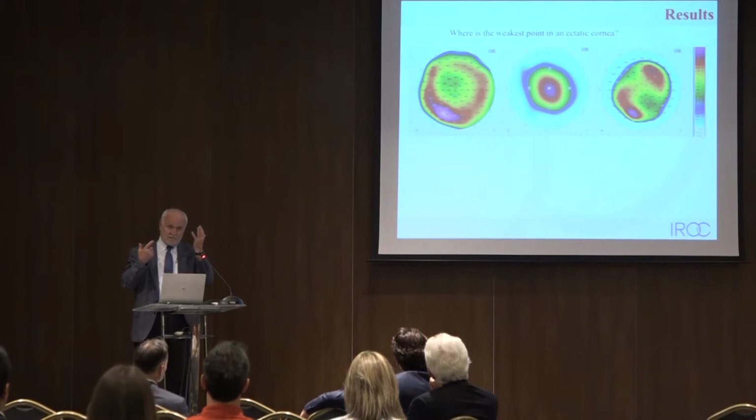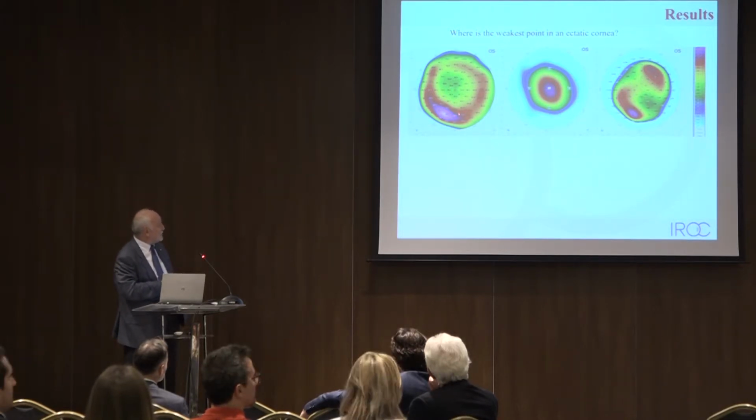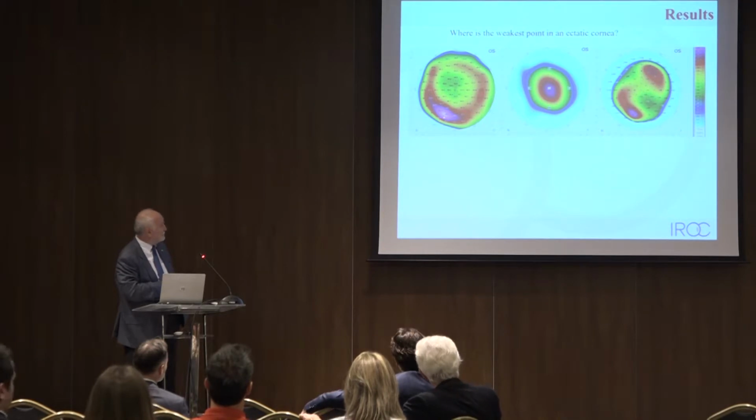And guess what? 3 months later, he had keratectasia in the LASIK eye, and the other one was the good one. The left one is the LASIK eye. Here the K max is far away. The thinnest point is in the center, and this is the bulging, the posterior float.